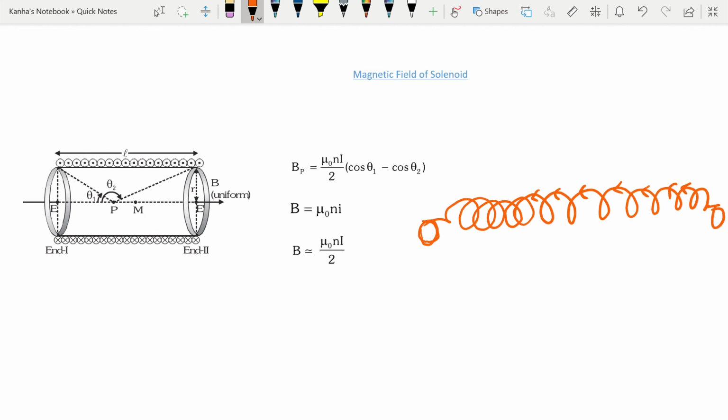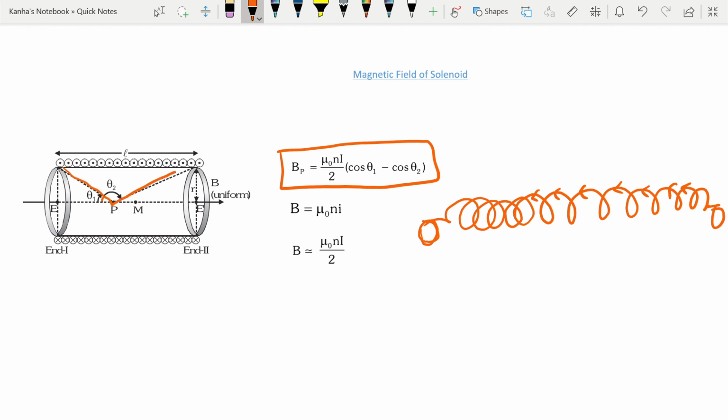These are all circular loops. The magnetic field at any point P inside a solenoid is given as mu naught N i by 2 times cos theta 1 minus cos theta 2, where theta 1 is the angle the point P has with one of the ends, and theta 2 is the angle between the other end and the point P.